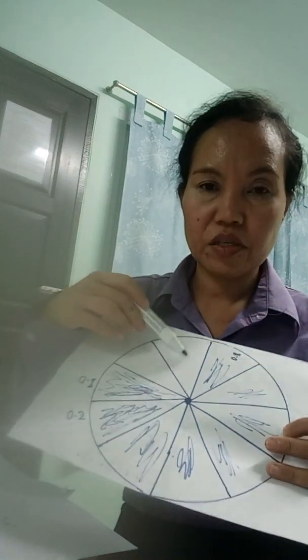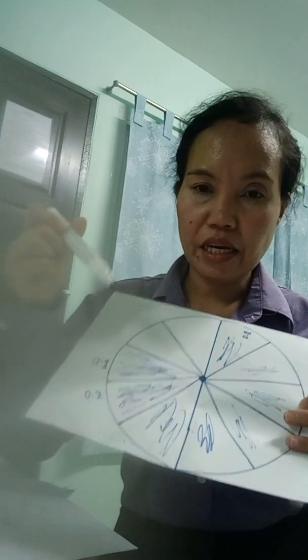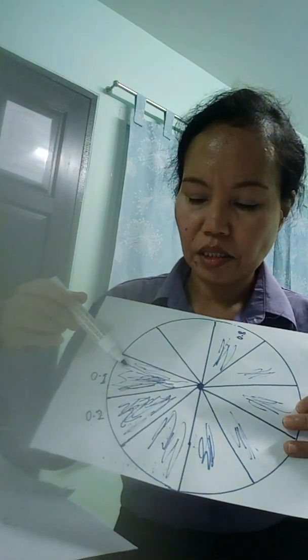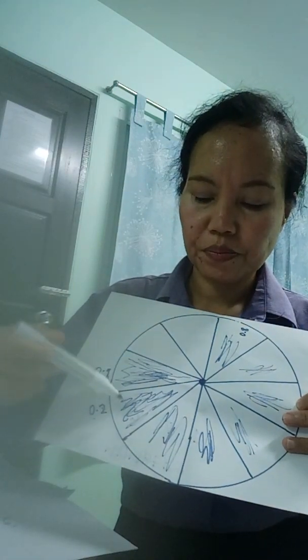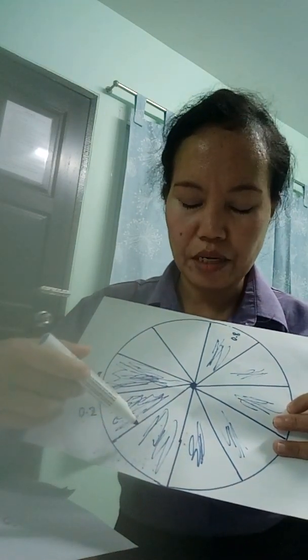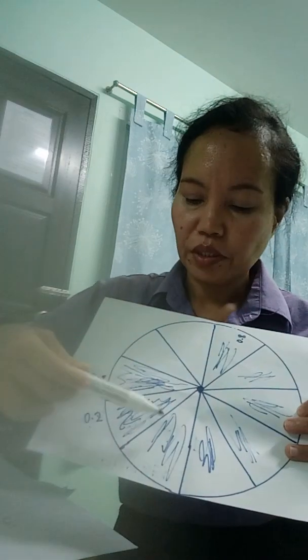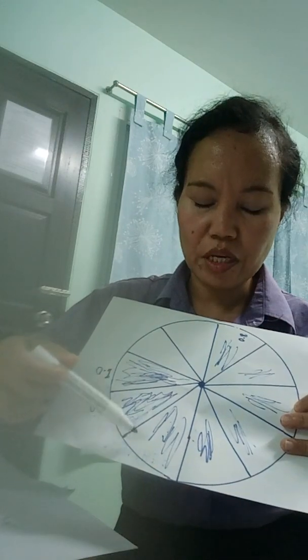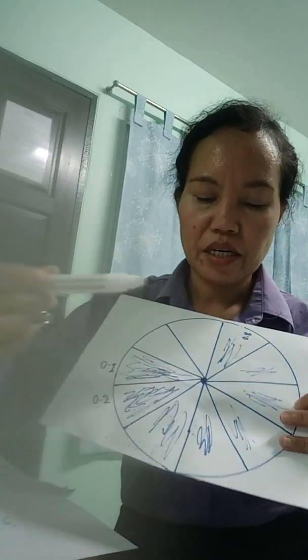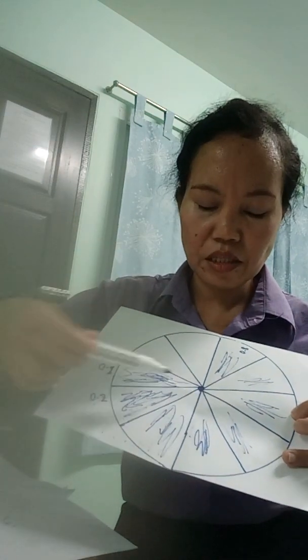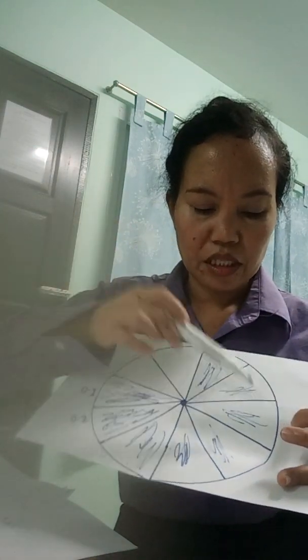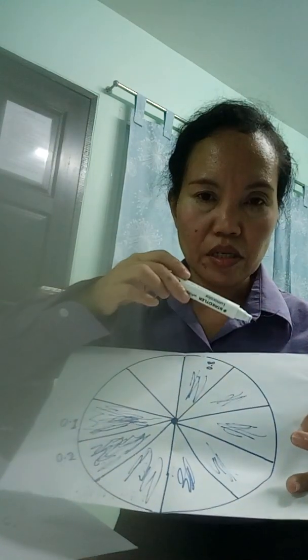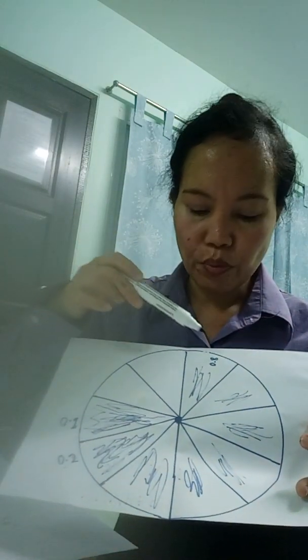Now, if we proceed, this one here is 0.9. Again, 0.1, 0.2. This one here, very good, 0.3, if only 3 slices are shaded. And 4 slices shaded, 0.4. 5 slices shaded, 0.5. 6, 0.6. 7, 0.7. 8, 0.8.